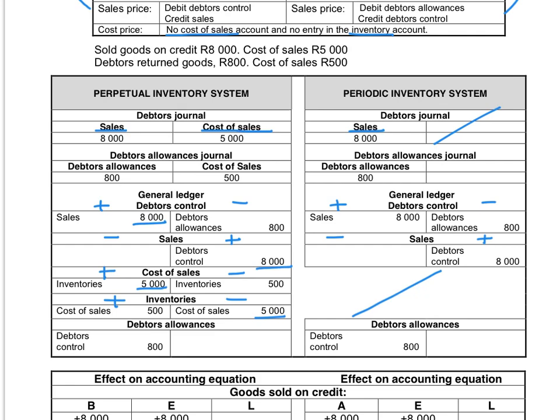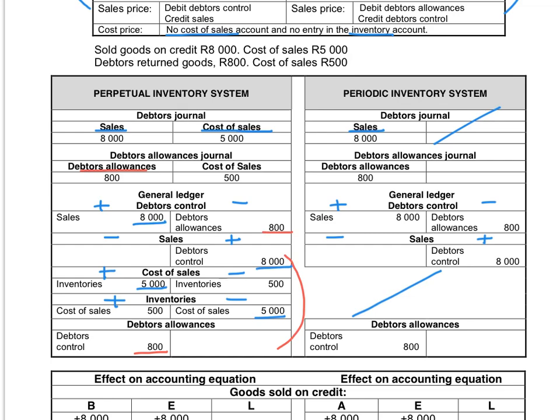In the debtors allowances journal, you will have a debtors allowances column, and for that 800 Rand, you will indicate that the debtors control is reduced on the credit side with 800 and debtors allowances is debited with the 800. So the sales account is reduced with the debtors allowances to decrease the profits.